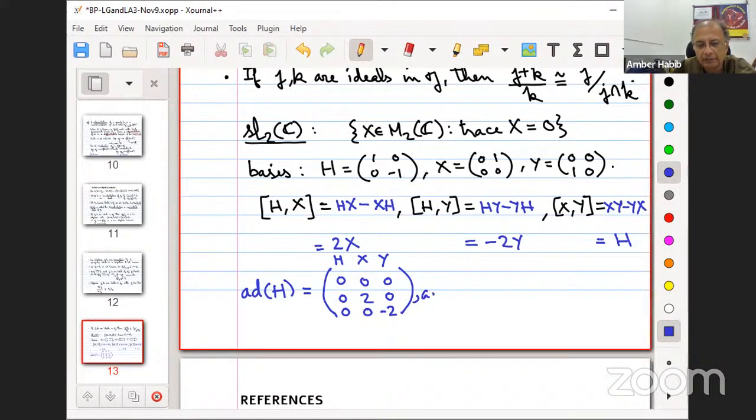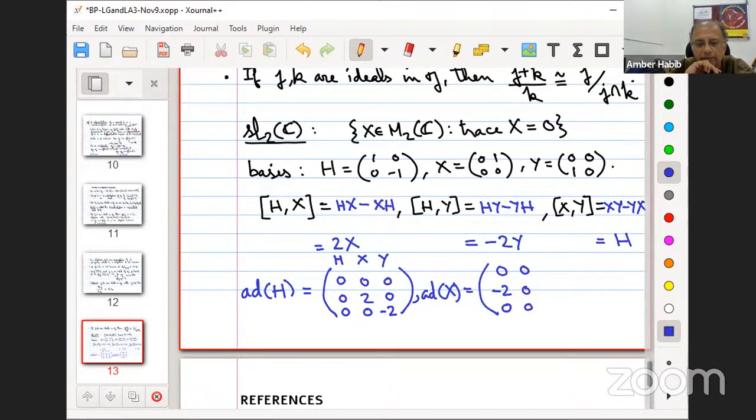What about ad X? The first thing will be X bracketed with H. That will be minus 2X. That means 0, minus 2, and 0. Then it will be ad X bracketed with X, all zeros.